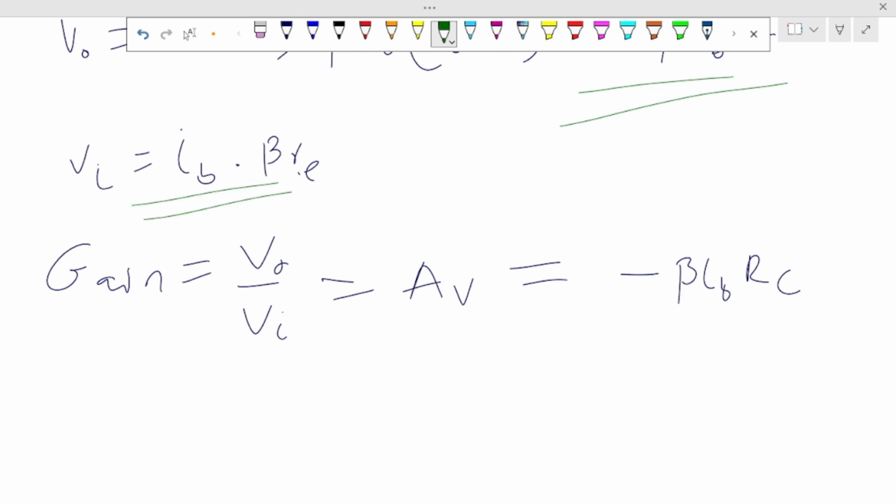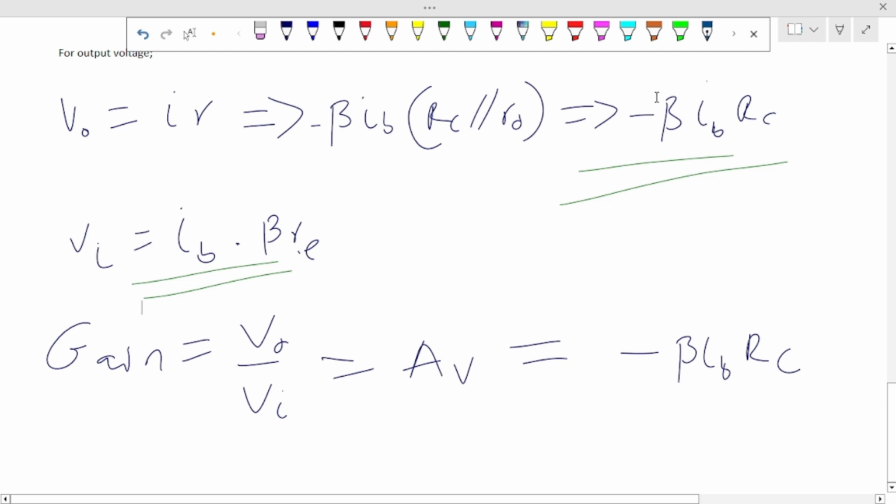So when we say gain, output voltage, which is these guys, over input voltage is these guys. So of course we've written output voltage as this, input voltage we are going to write all this. Let me just copy it. Input voltage.